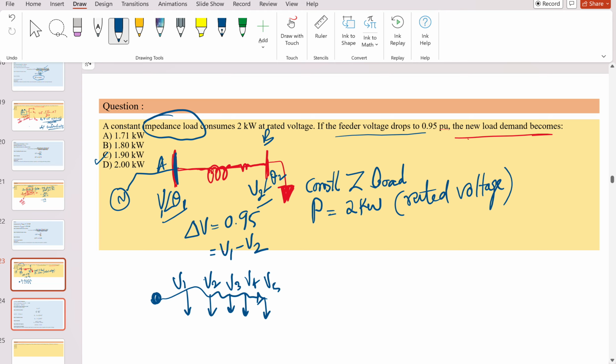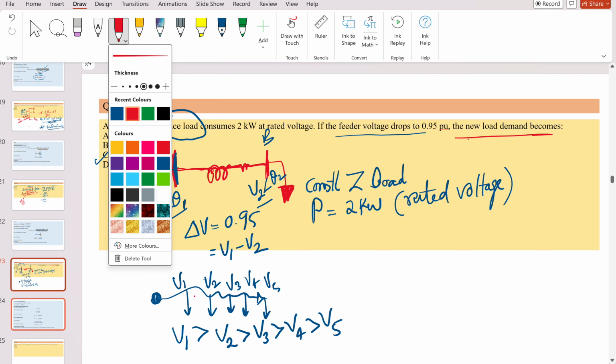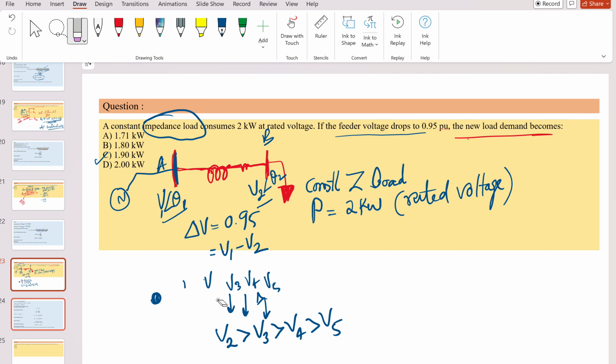V1 will always be higher, then V2, V3, V4 and then V5, considering the inductive impedances. So the more distance you move from the feeder sending end, the voltage starts dropping.